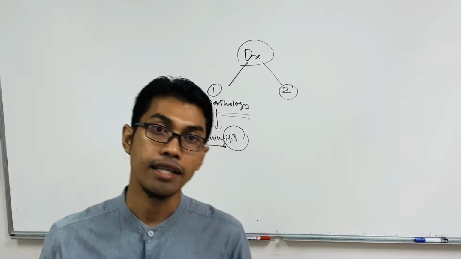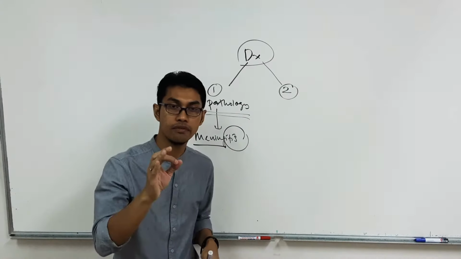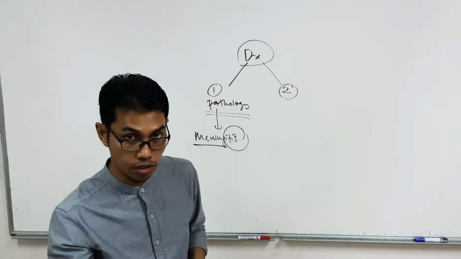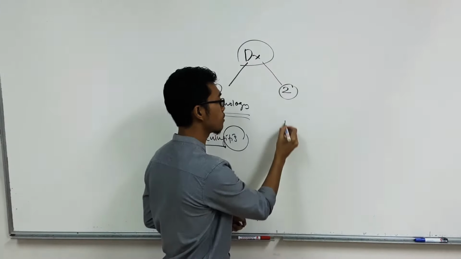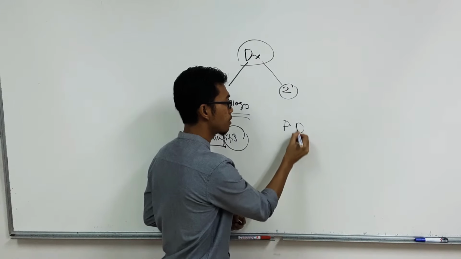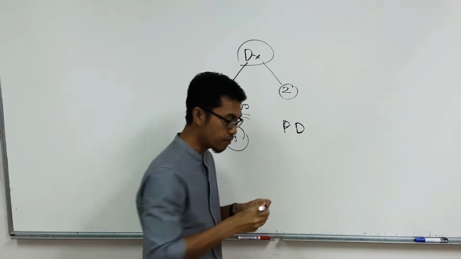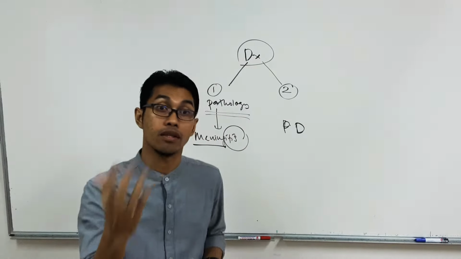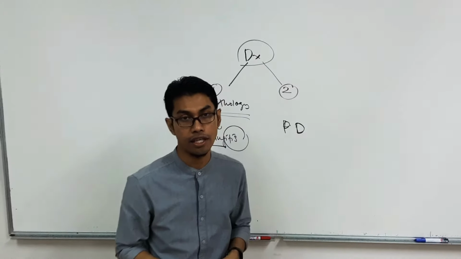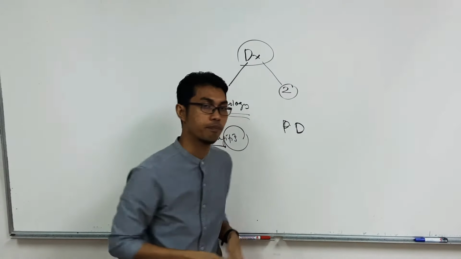But there are illnesses that do not have a specific attribute to them. For example, Parkinson disease. Parkinson disease does not have a specific pathology. It's idiopathic in nature. So how do we diagnose Parkinson disease?